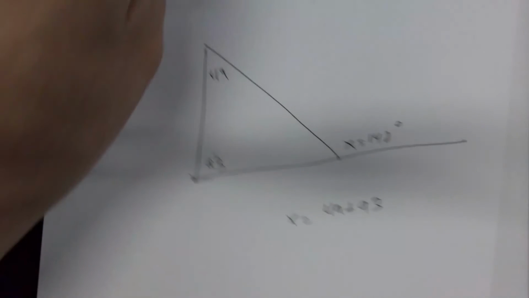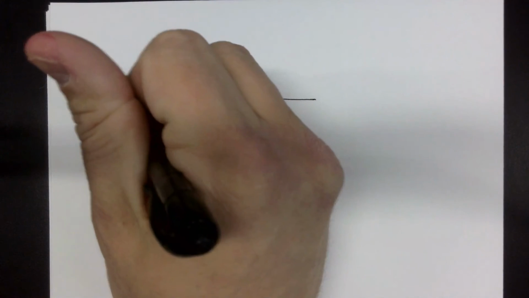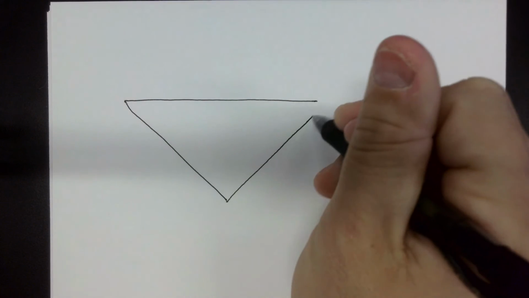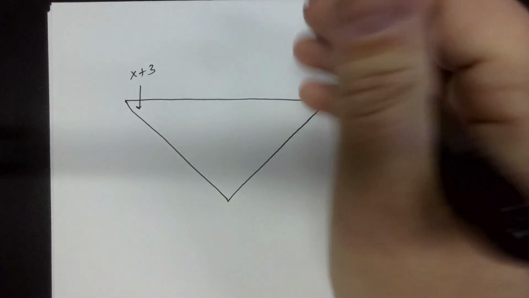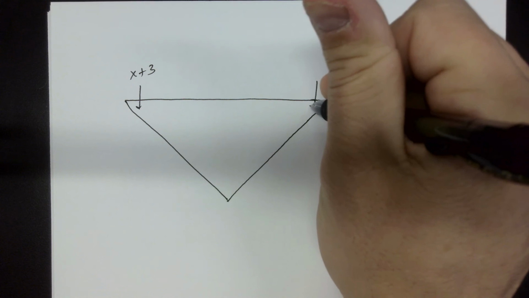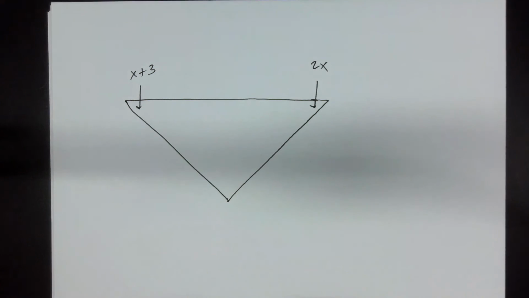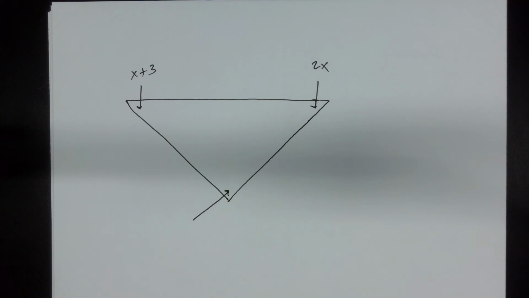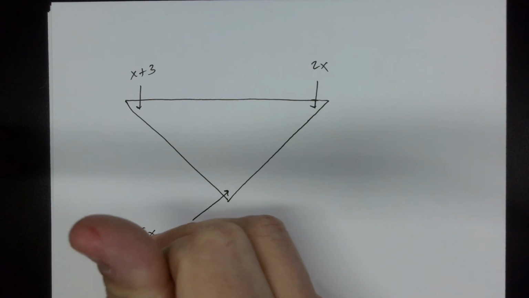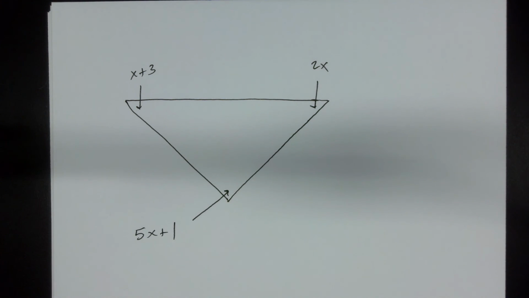I'm going to draw this picture because this is one off your homework here. If we have an angle like this, that angle's x plus 3. That angle's 2x. And that angle is 5x plus 1.